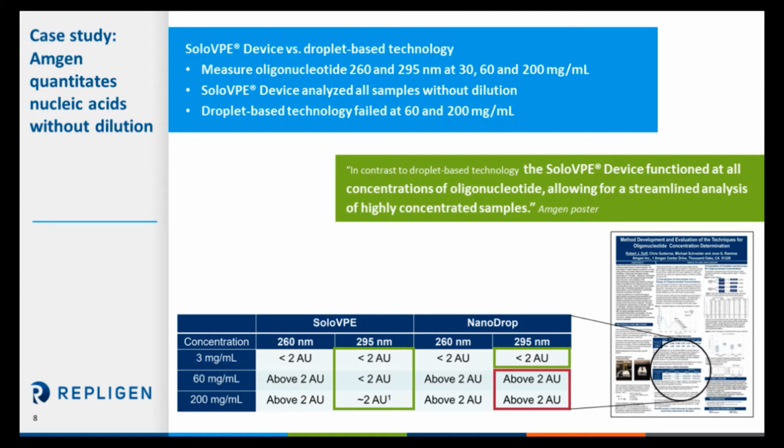Once the concentration increased past that, they required dilution steps, whereas the Solo did not. So this is now their primary platform for nucleic acid quantitation, and they push the range up to 200 mg per mL without needing dilutions.